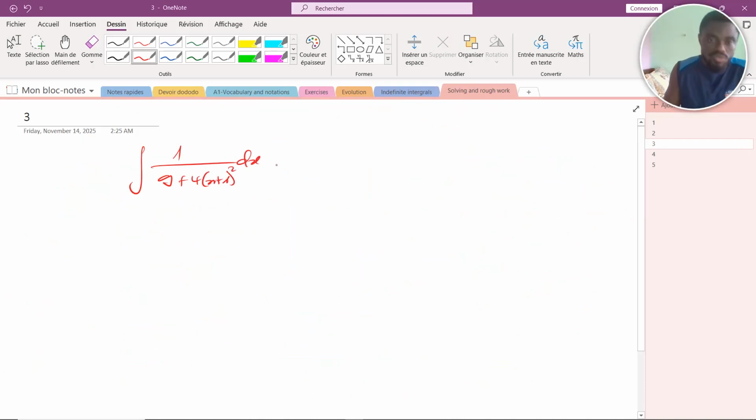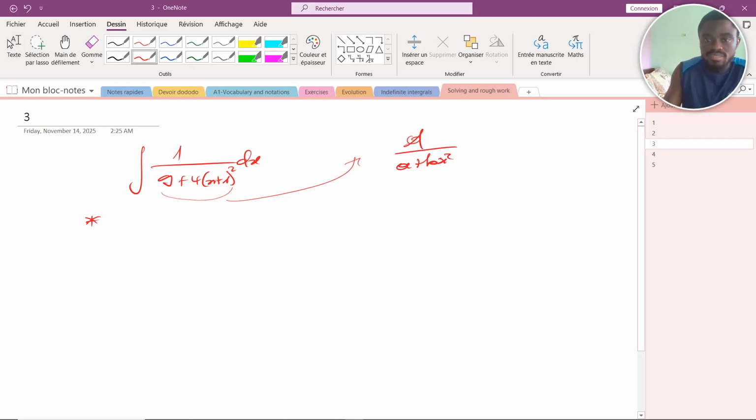In some textbooks, what they will do is proceed with this integral by using two substitutions. The first substitution is they will first try to make this resemble 1 all over a plus b x squared.